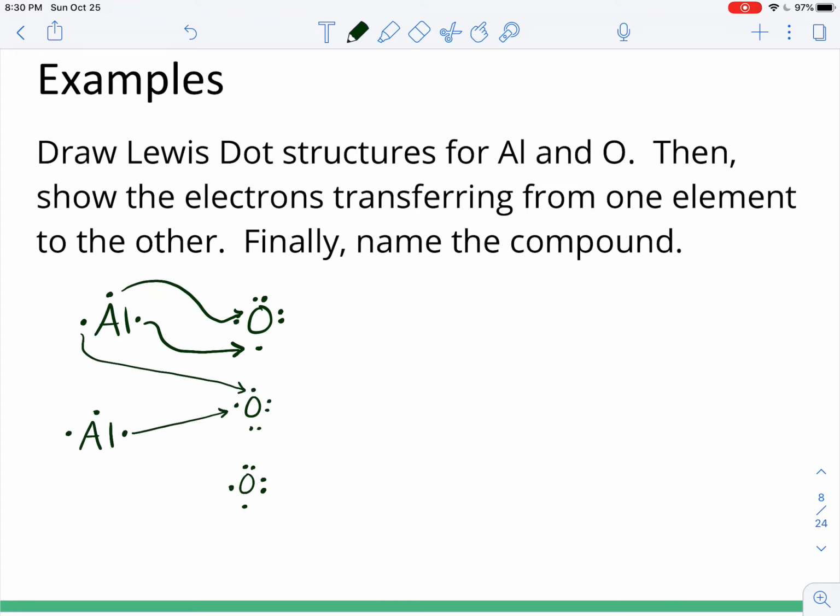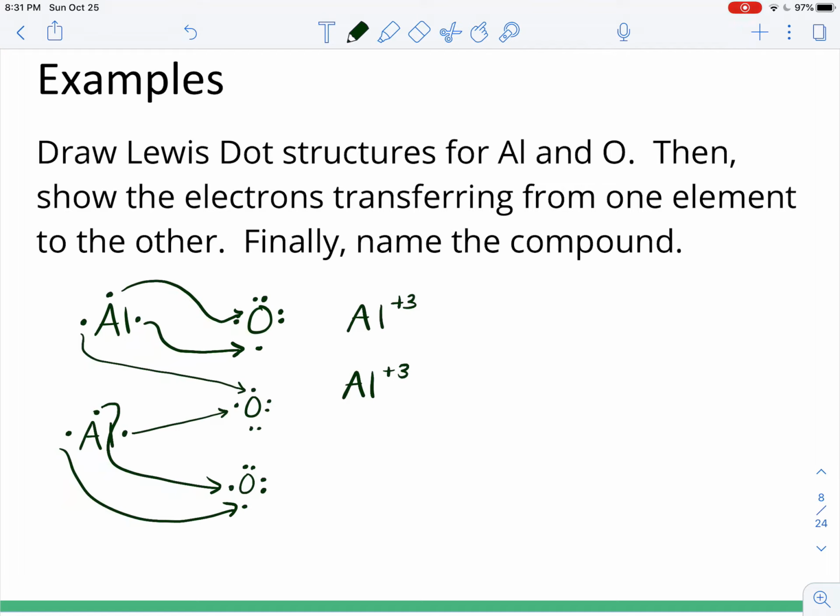All right, so there's 6. Oh, look, now it's going to be perfect. We'll have this guy go here and this guy go here. All right, so what we'll have formed as a result of this is aluminum, 3 electrons donated for each aluminum, so that means a +3 charge.